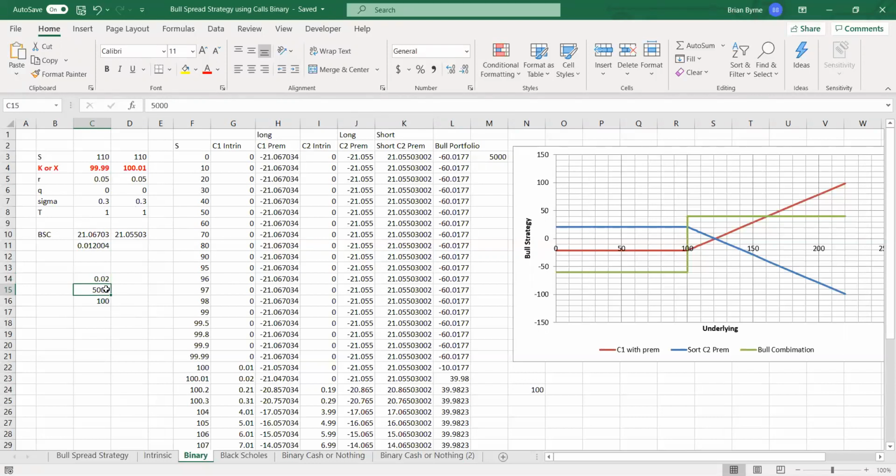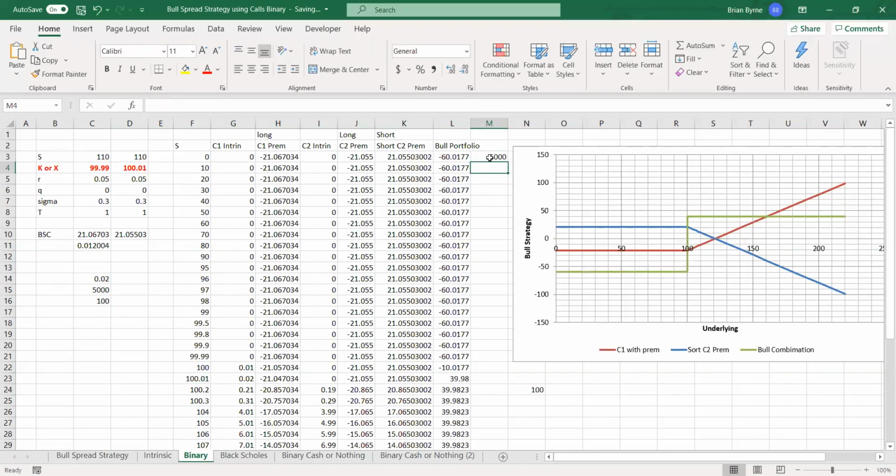What multiplied by 0.02 gives us the cash amount that we would have seen with the cash or nothing call option? It was 100. 5,000 times 0.02 gives us that 100. So that's why we put in 5,000. If we don't put in that 5,000, then our numbers don't really work here. It has to be 5,000.